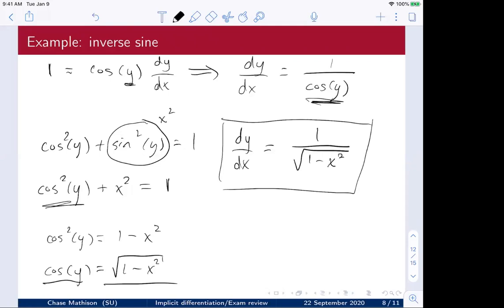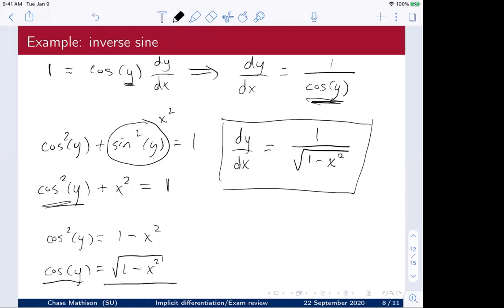Finding all the other inverse trig derivatives follows in exactly the same way. Inverse trig derivatives won't come up a lot in this class, just so you guys know. It is important to see this, it's a cool application.